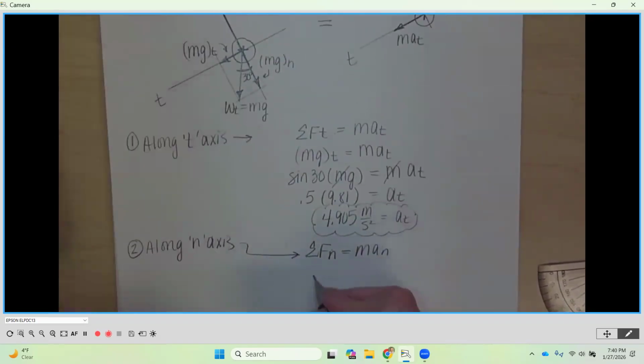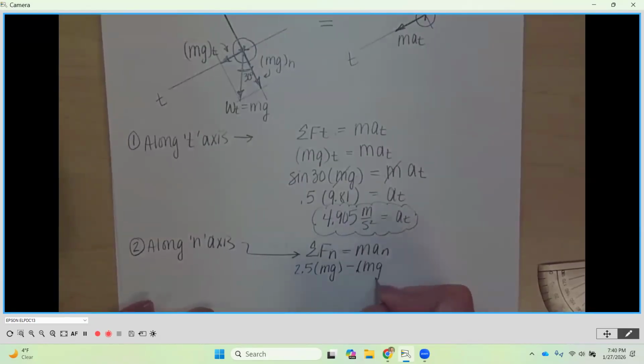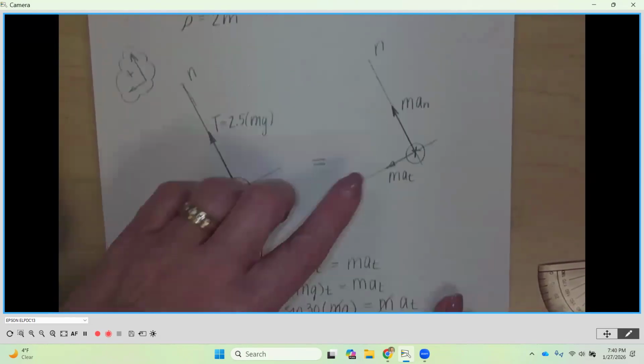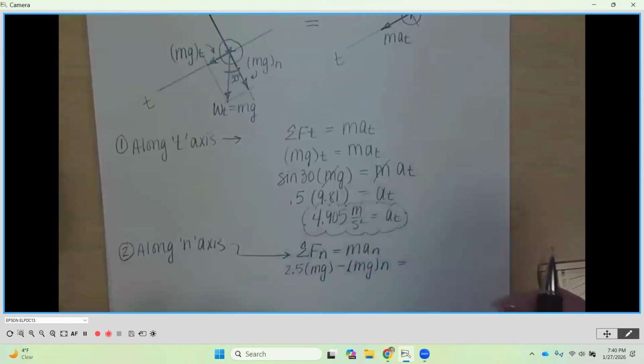So the left-hand side is going to be 2.5 times mg minus mg normal is equal to mass times acceleration normal. That's all in the positive direction.